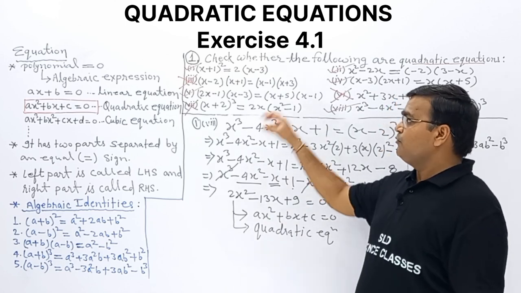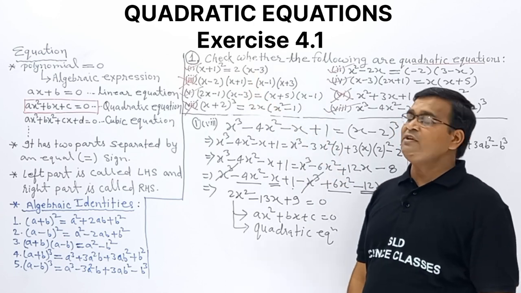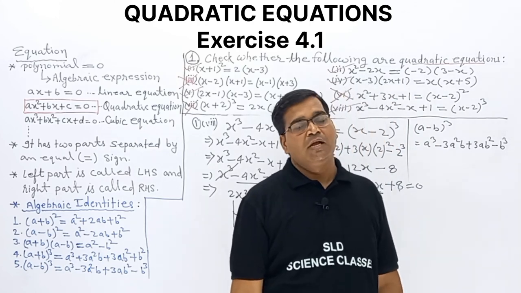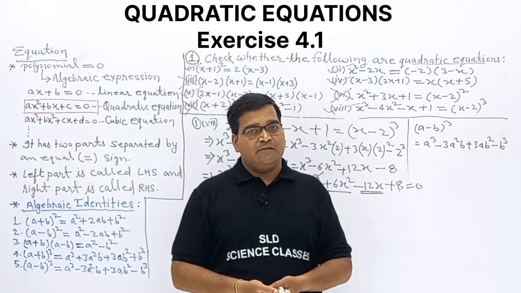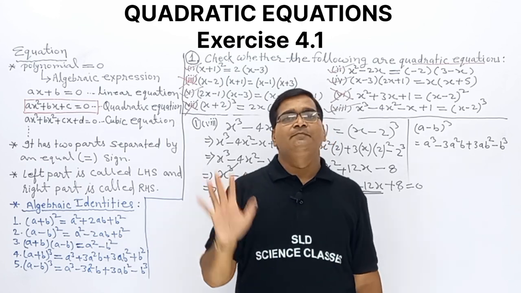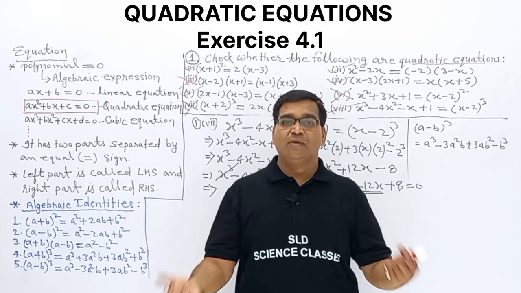In the first exercise 4.1, we are having some questions. Out of these we completed 8 questions of question number 1, in which we want to check whether the following are quadratic equations or not. We completed them already. What we observed: we have an equal sign in all questions, so all are equations.